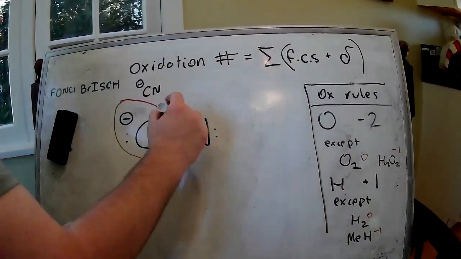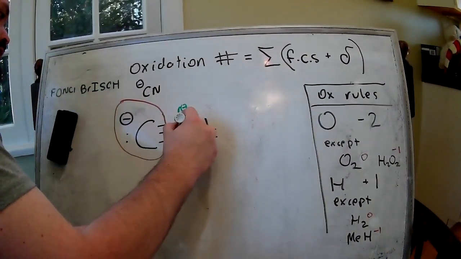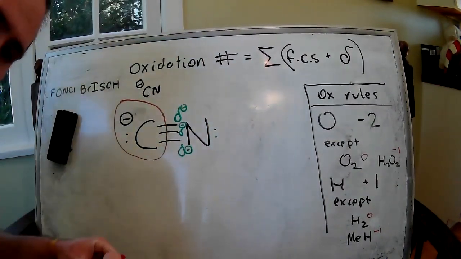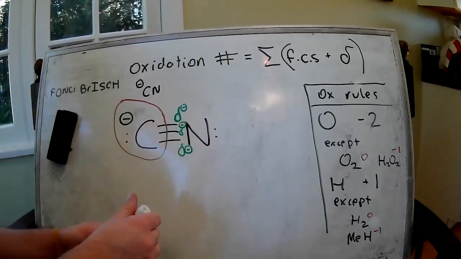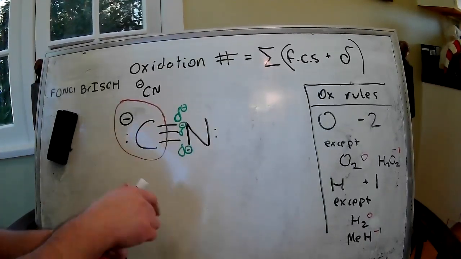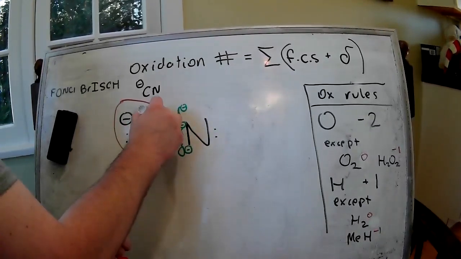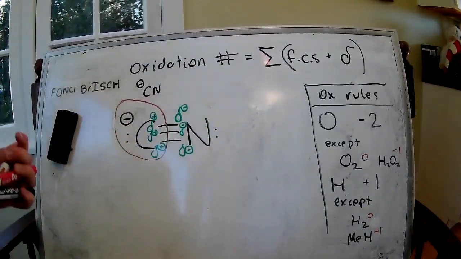So nitrogen is going to get partial negative, partial negative, partial negative, one for each of the bonds to carbon. And then carbon is going to get partial positive, partial positive, partial positive, one for each of the bonds to nitrogen.